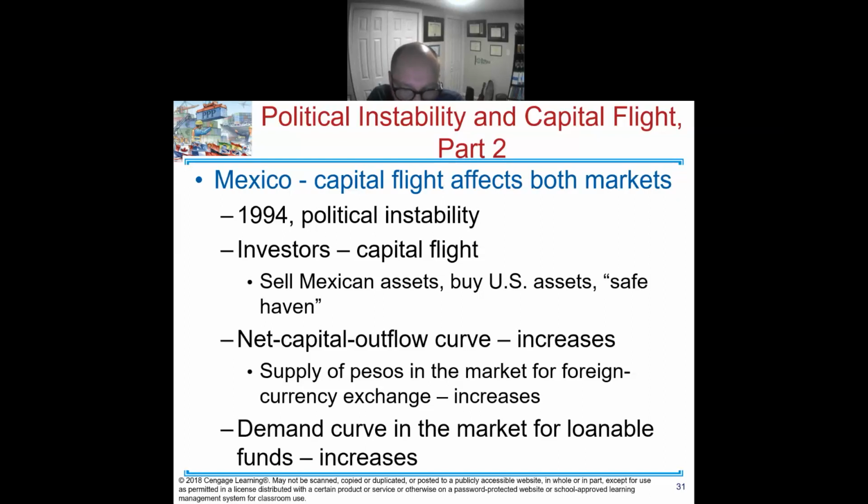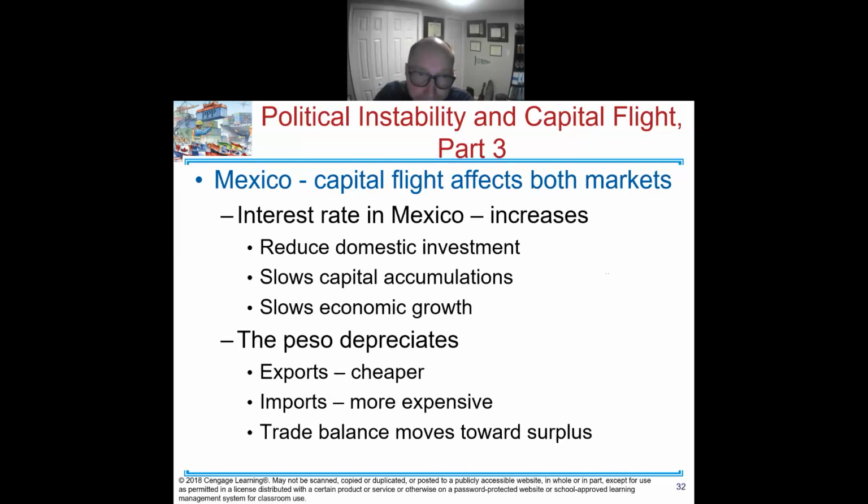This caused a net capital outflow from Mexico, where the supply of pesos in the market for foreign exchange dramatically increased. So that was an interesting time. Capital flight affected both the United States and Mexico. The interest rate in Mexico substantially increased because, of course, the demand increased.